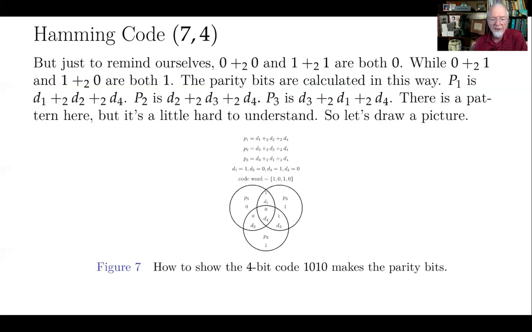These are only good for 1-bit errors. The reason Hamming designed this code was because he, like me, used paper tape for his computer computations.